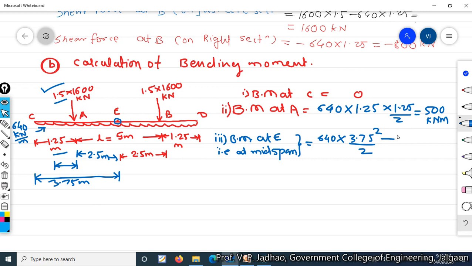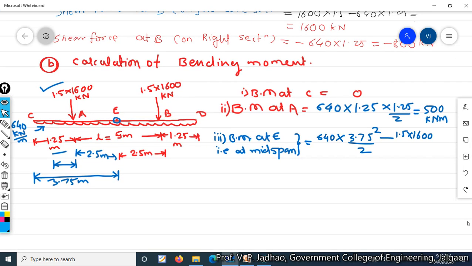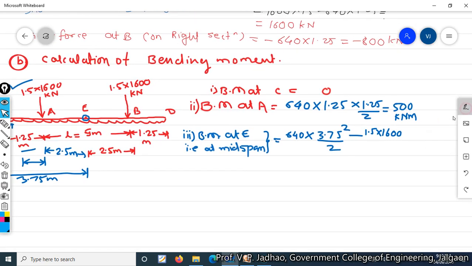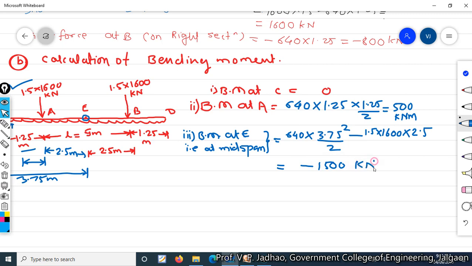Therefore 1.5 into 1600 multiplied by the distance, 2.5 meters. So this bending moment at point E comes out to be minus 1500 kilonewton meter.